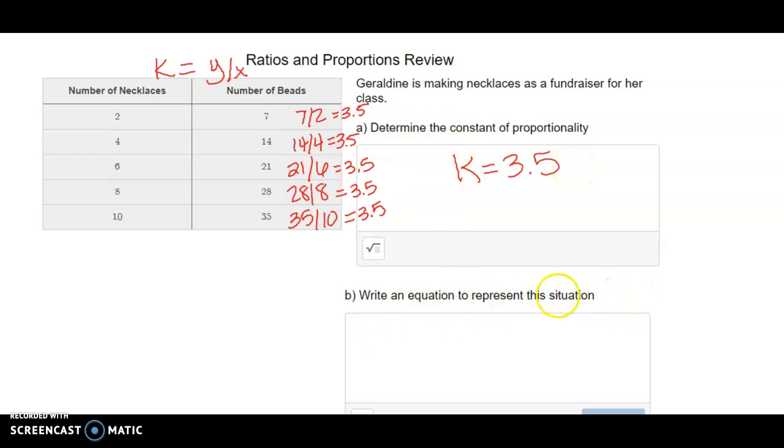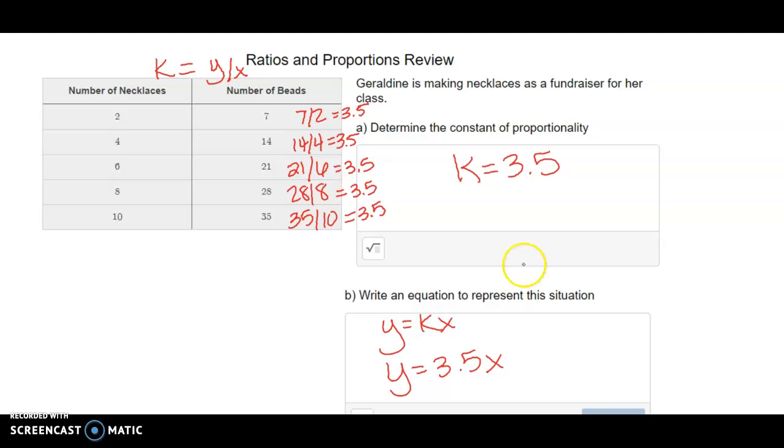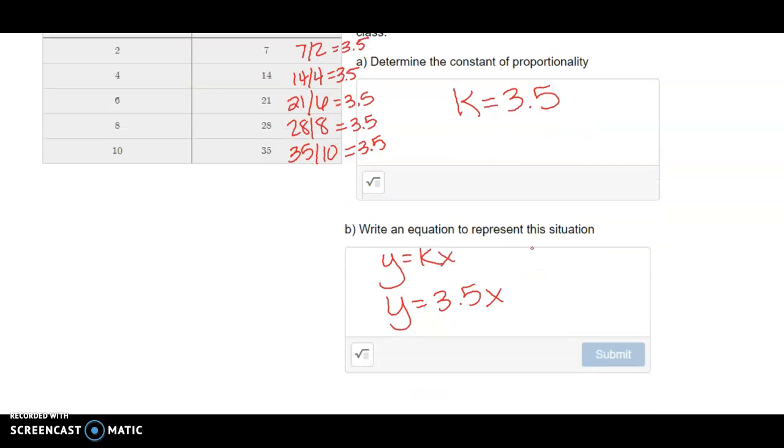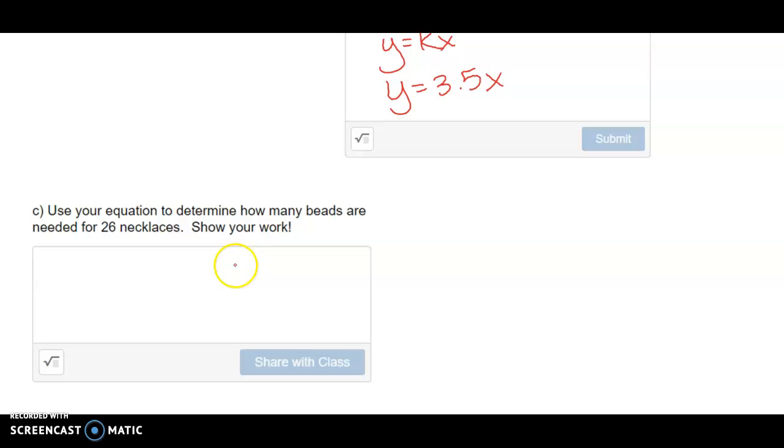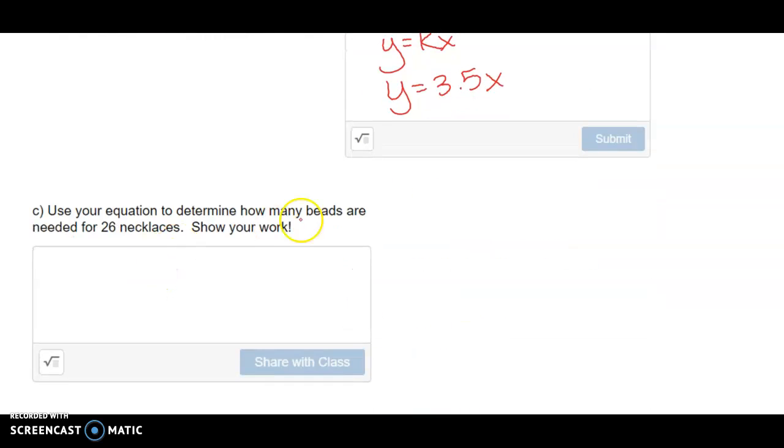Then it asks us to write an equation to represent this situation. Remember, y equals kx. So we're going to do y equals 3.5x. It's always y equals kx. There's not a number added to it for proportionality. And then part C, it asks us to determine how many beads are needed for 26 necklaces. So our x value, number of necklaces, is 26.